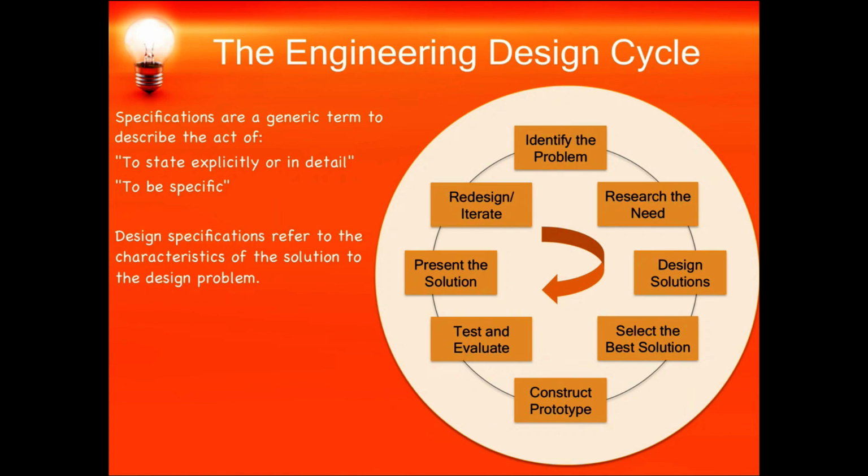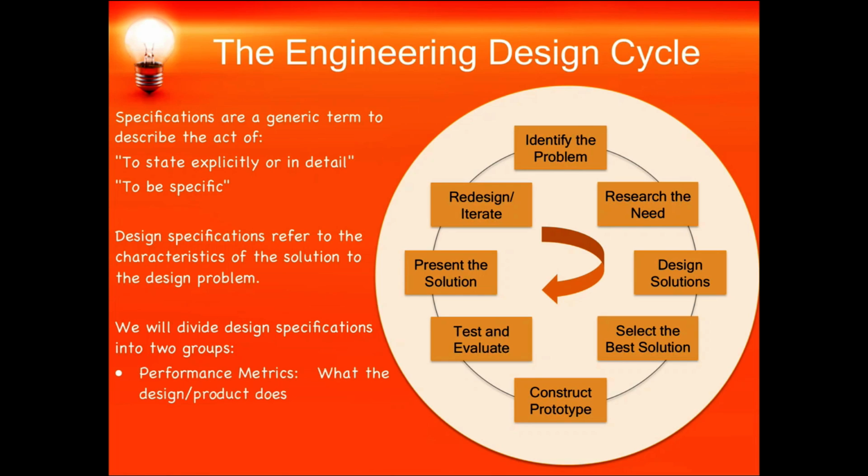A design specification states explicitly and in detail what the goals of the design are, both in terms of performance and constraints. We separate design specifications into two groups for the purpose of the discussion here.